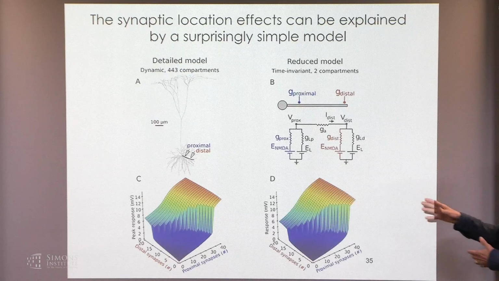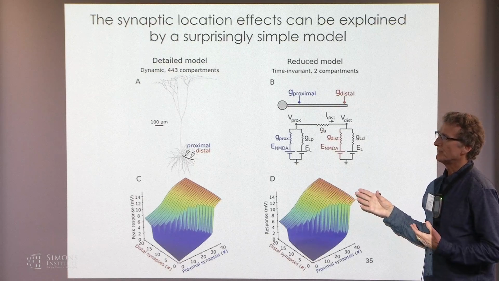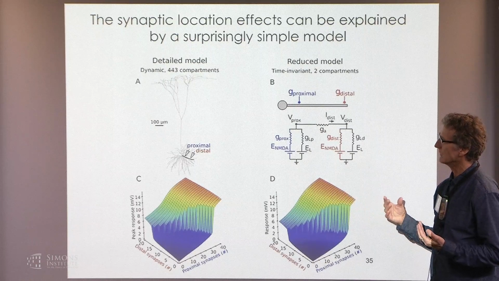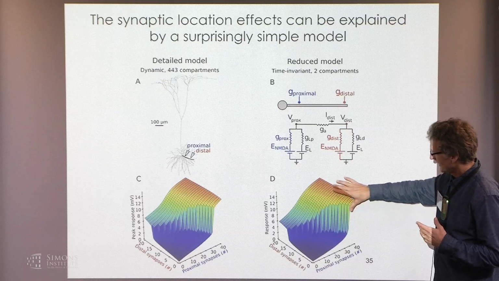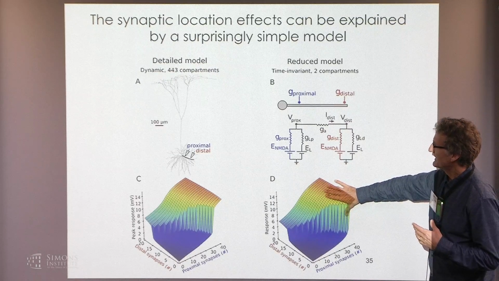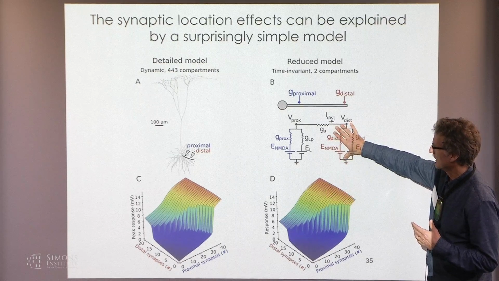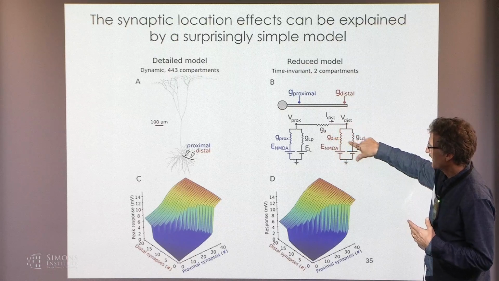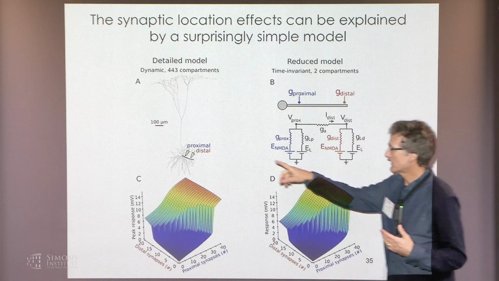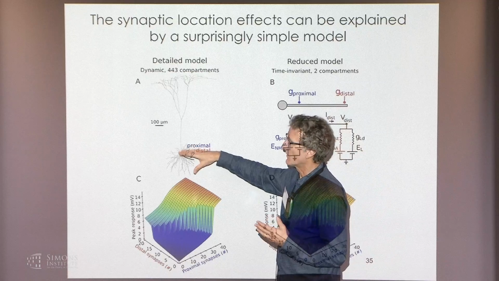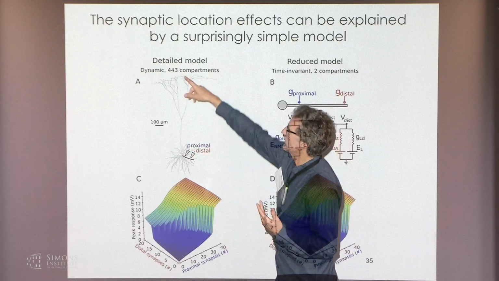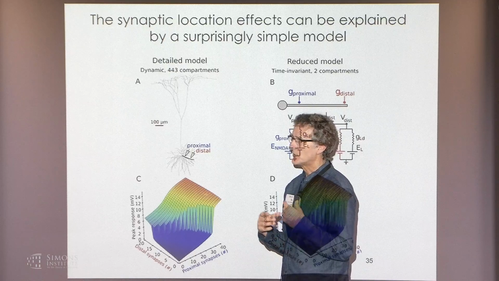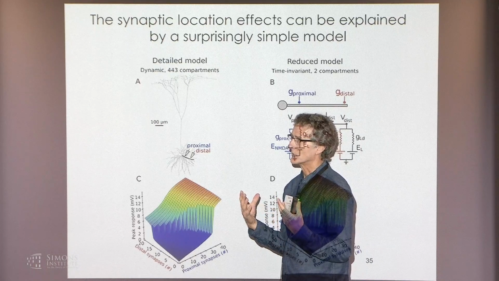Interestingly, and I think this should be compelling to many of you, people who like to make models of things, this surface is produced by this circuit, which has 5 conductances in it. This model has a full compartmental model, I don't know how many, 443 compartments. Each compartment would have many differential equations.